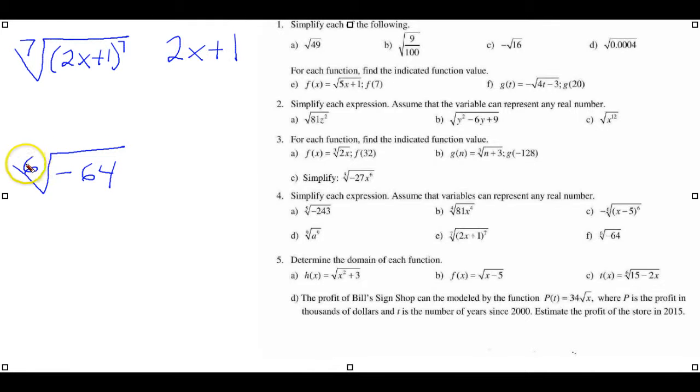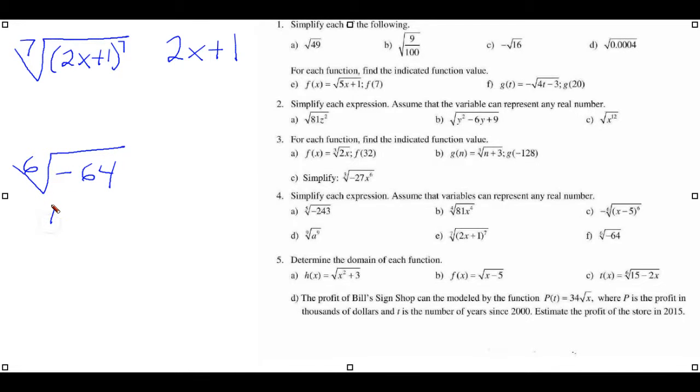Now here, this is an even index number. We don't have any value for an even index number if under the radical sign there is a negative. So for something like this, there is no value.